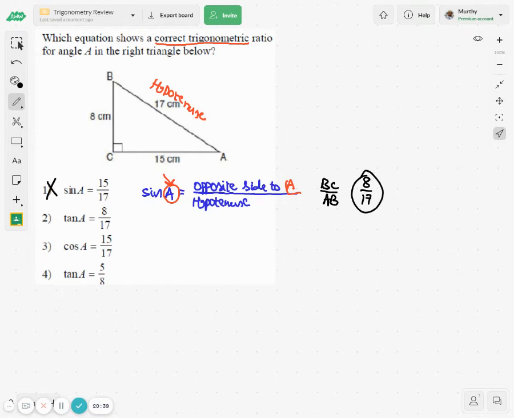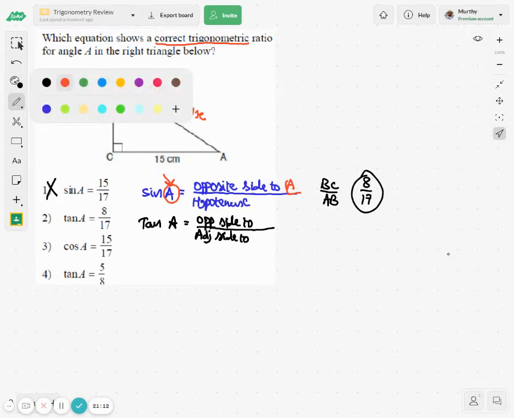Okay, let's go to the second one, tan A. So tan A equals, Sohcahtoa, TOA. O stands for opposite over adjacent. Now let's elaborate. Several times I told you, when you write adjacent side or opposite side, that is not sufficient.